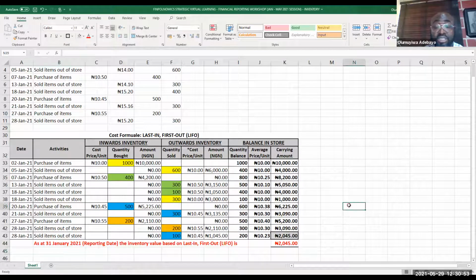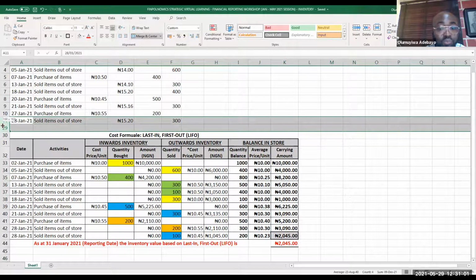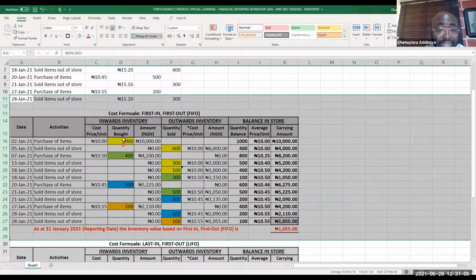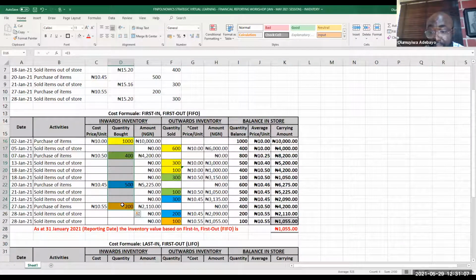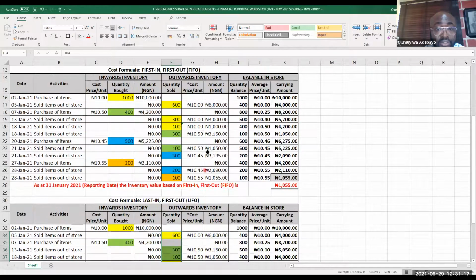Now, what can you see in this case is that if you compare this, how many items here? This 2,100. How many items here? This 2,000. How come here is 1,900?